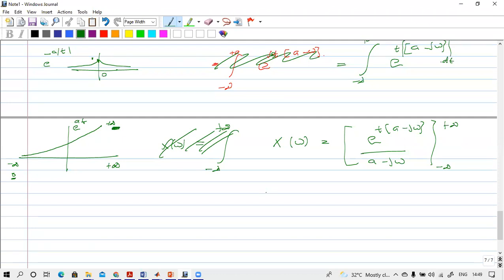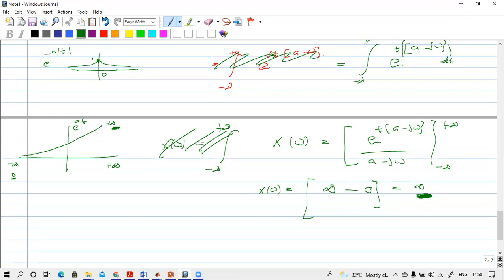So if you substitute these limits into this term, at plus infinity you will get infinity, and at minus infinity you will get 0. So you will get an infinite value, infinity minus 0.